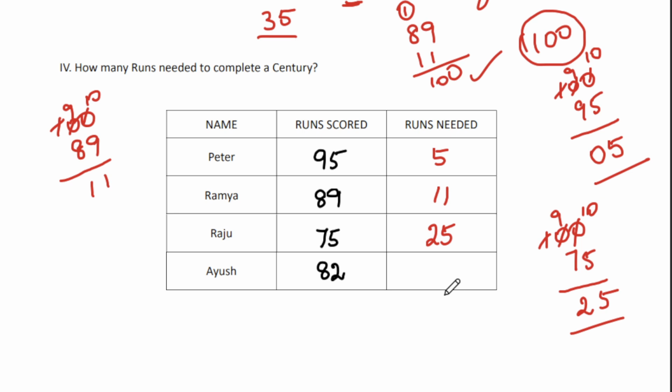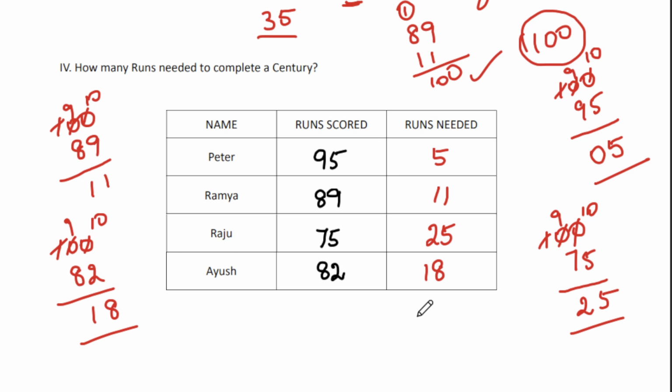And last we have 82, which was scored by Ayush. So how many runs are needed now? 100 minus 82. Again this becomes 9 and this becomes 10. 10 minus 2 is 8 and 9 minus 8 is 1. So Ayush needs 18 runs.